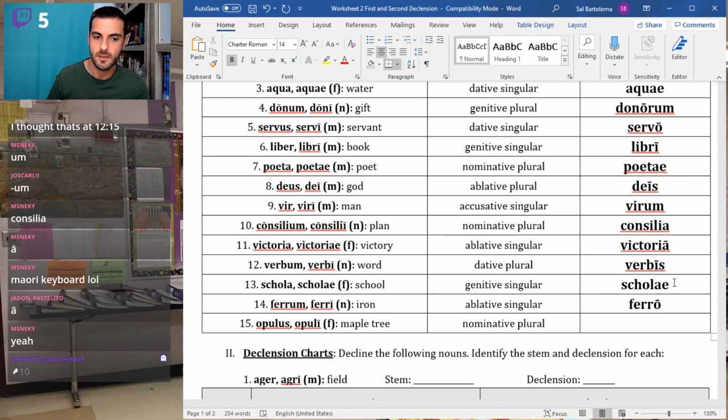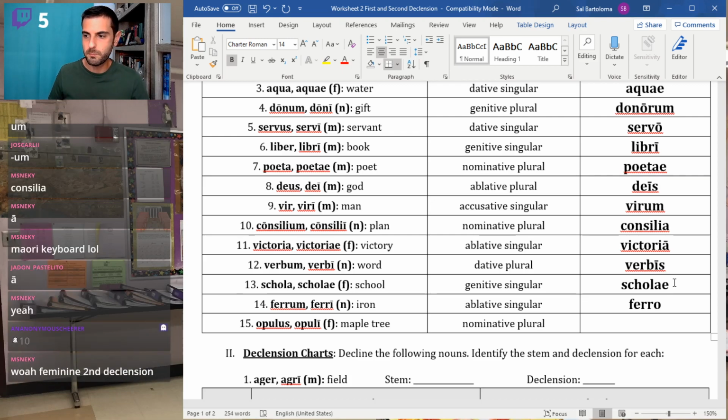Okay. And last one, opulus, opuli, the maple, feminine, second declension, right? It does not change the endings at all. So don't even worry about the fact that it's feminine. It's just a second declension word that is not neuter, okay?